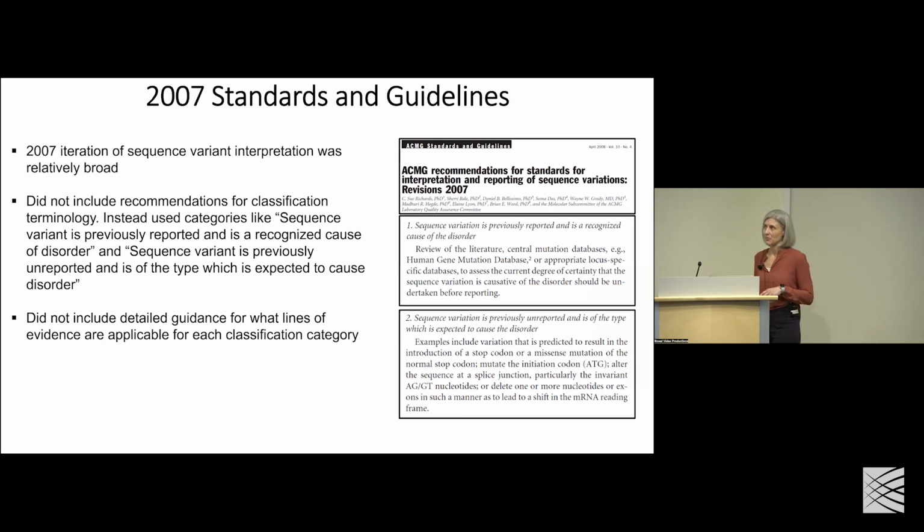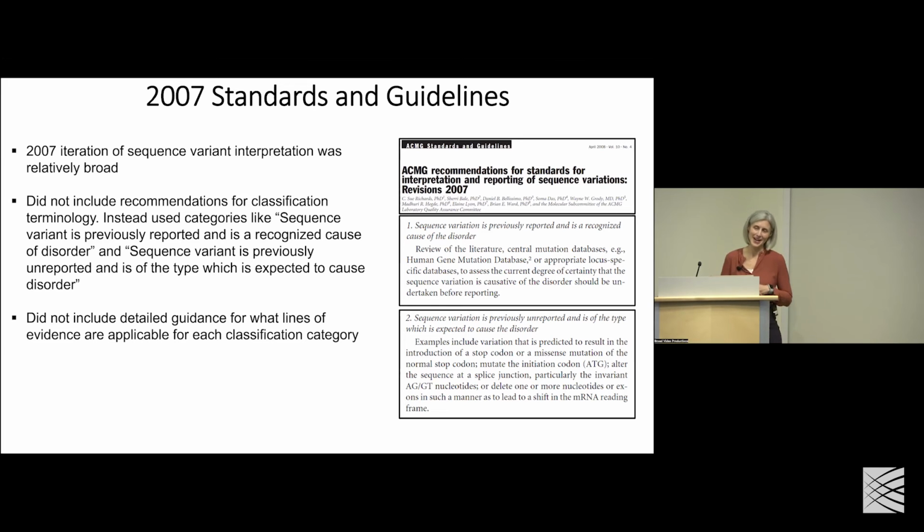I'm not going to dwell, based on the time we have, a lot on history, but this makes sense historically, looking back at what variant interpretation has been like as clinical genetic testing has evolved. There were some guidelines for the interpretation and reporting of these sequence tests back in 2007, but they were very vague.